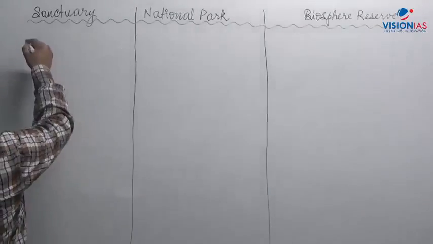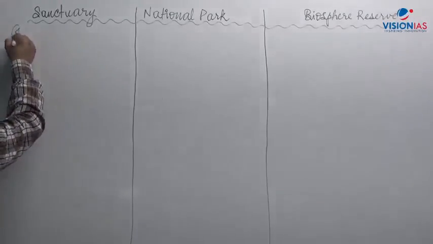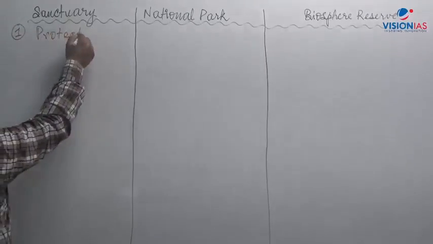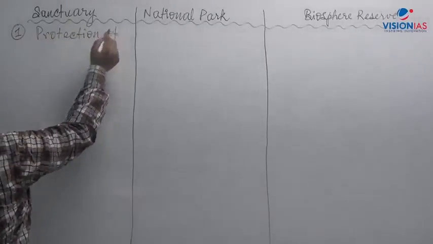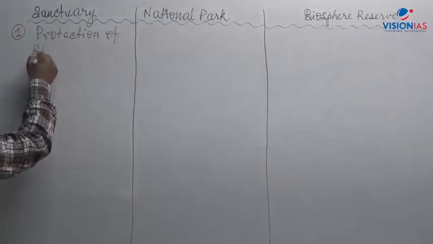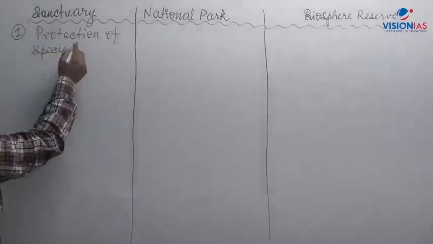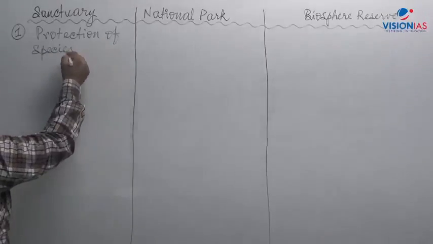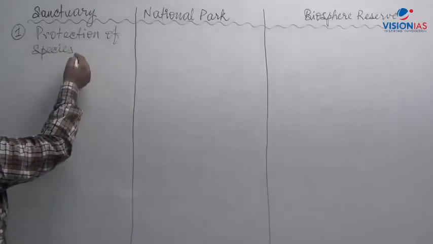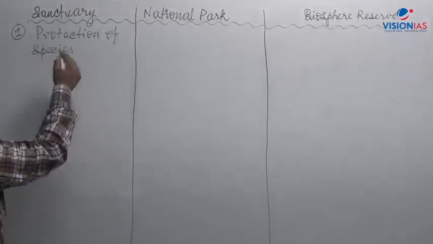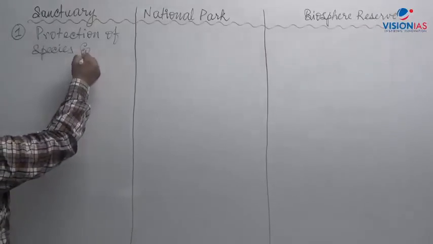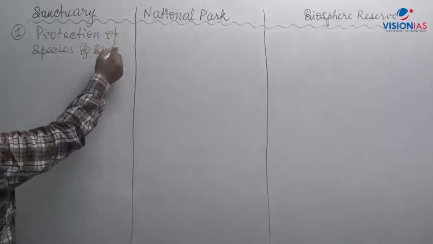What is sanctuary here? Sanctuary is protection of species here, right? It can be plants, animals, together with its environment here. Like for example, you have a bird sanctuary for birds, and wildlife sanctuaries. So all these are there. For example, bird sanctuary for different types of birds.